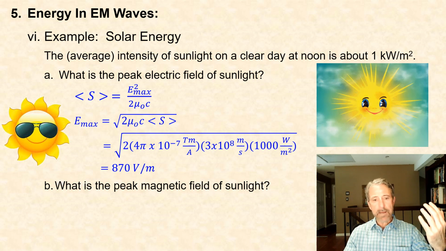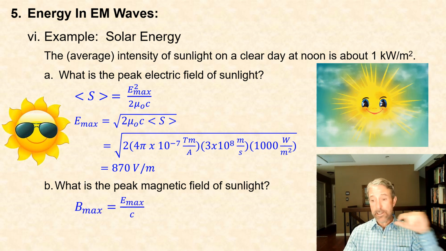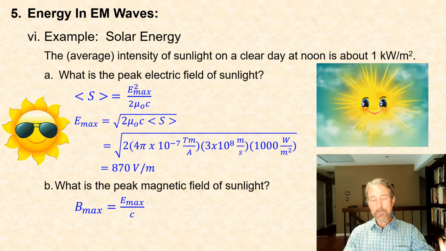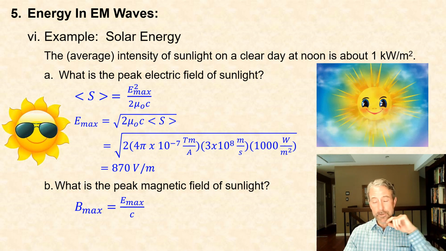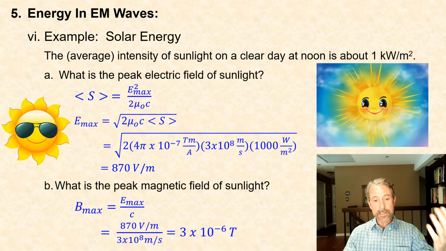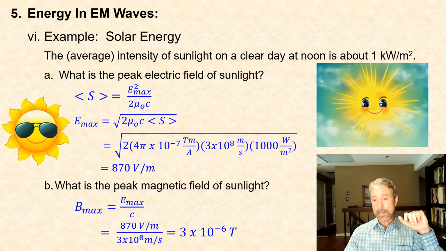So we find that these field magnitudes are related by this fundamental constant c. That is, the magnetic field amplitude goes like the electric field amplitude divided by c. When we plug in the value we got for part A divided by the speed of light, we find that the magnetic field has an amplitude of about 3 microtesla.